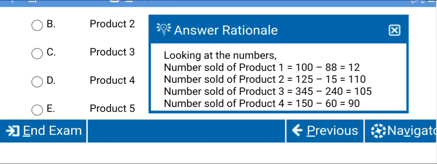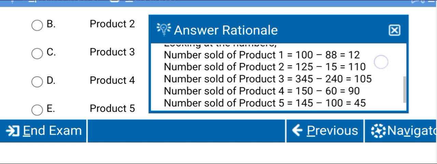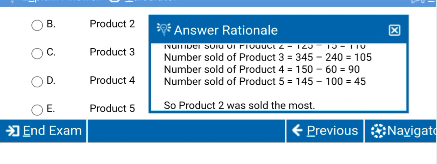Number sold of product 3 equals 345 minus 240 equals 105. Number sold of product 4 equals 150 minus 60 equals 90. Number sold of product 5 equals 145 minus 100 equals 45.